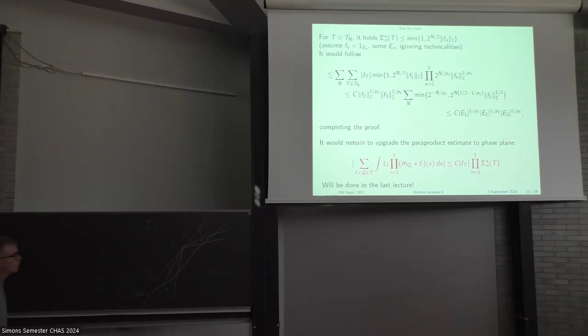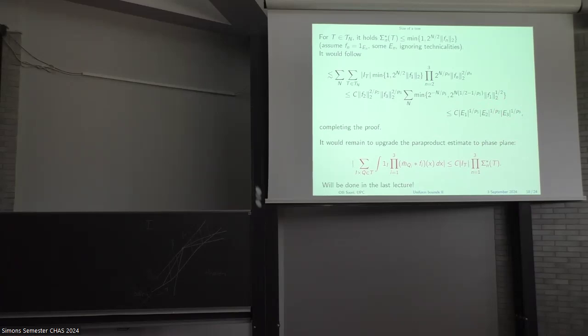And this would be enough for a multilinear interpolation. And that would be somehow the end. Okay, so two things remain: the proof of the tree selection and this phase space part. And the phase space paraproduct is left for tomorrow.